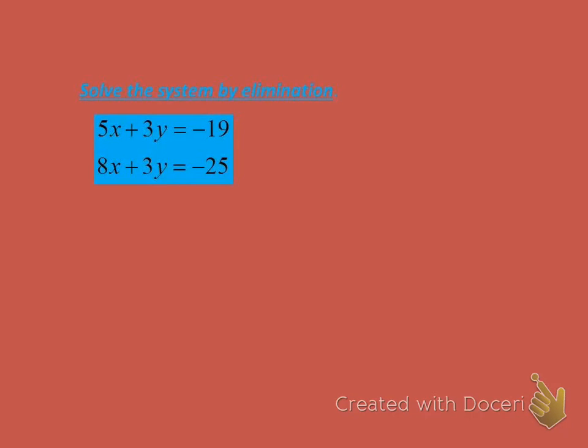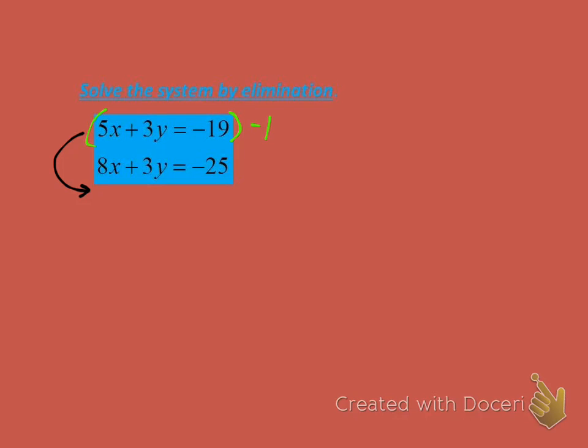You have like terms, but you don't have opposite terms. See the plus 3y's here and here? There's a method where you can do this as it is, but I don't like it, so I want opposite terms. To make one of these terms opposite, I'm going to take the top equation and multiply everything by a -1, and then write that down here.